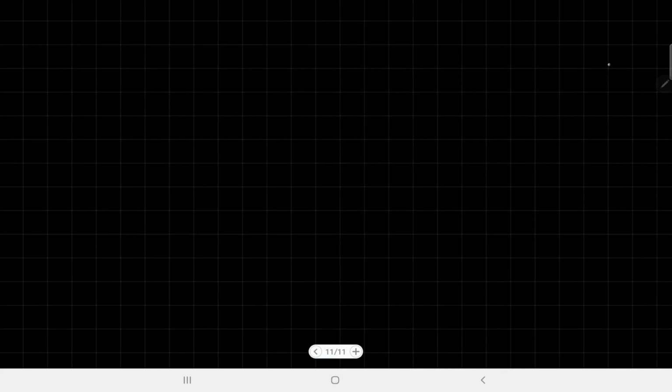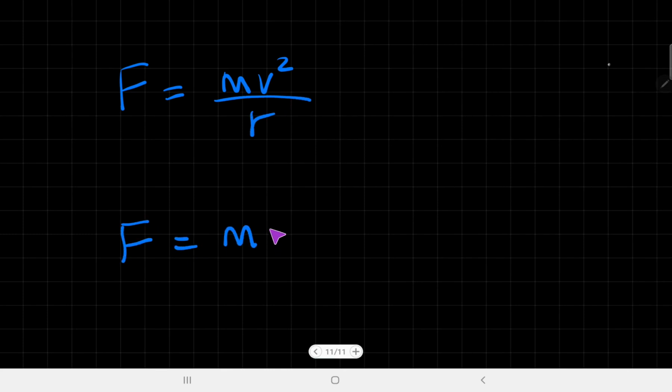Finally, I'd like to conclude by giving you these two equations. These are the two equations for centripetal acceleration, force, whatever it is. Right, so these are the two equations. Now we can conclude that when you are using this equation, then we have to say omega is fixed, so the angular velocity is fixed.